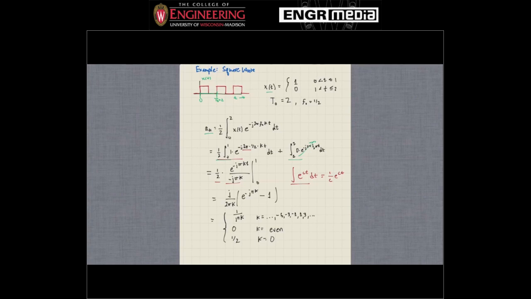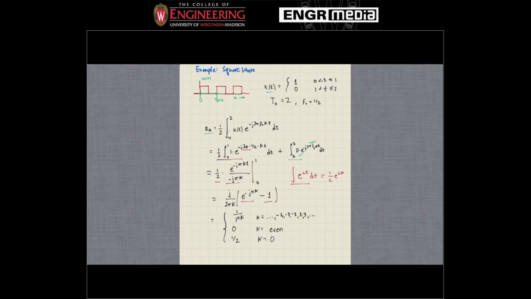The next step is just to plug in the value 1. When t equals 1, we just have this e to the minus j pi k, and that's the expression written here. And when t equals 0, e to the 0 is just 1, so that's minus 1.